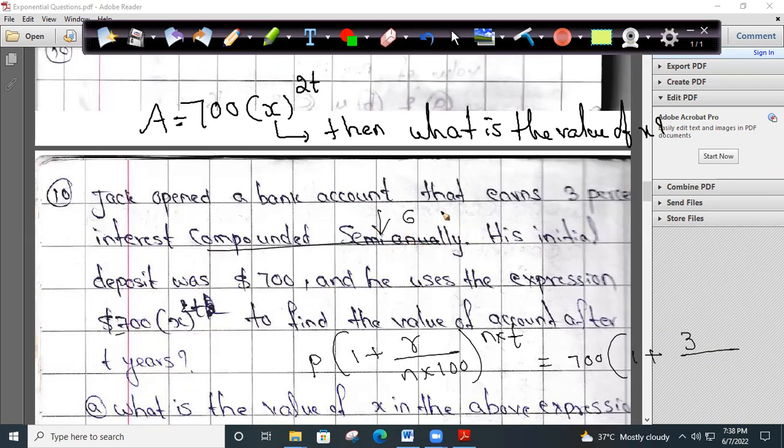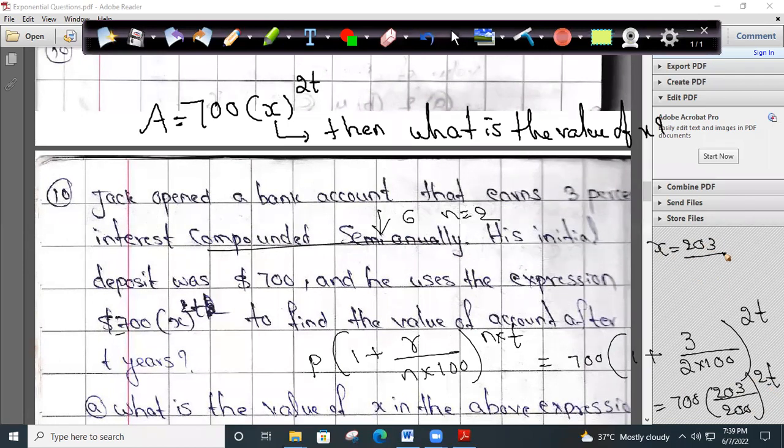Semi-annually means 6 months. So n is 2 because in a year I compound 2 times. 2 into 100, whole power 2t. So 700 into, LCM is 200, so 200 plus 3 is 203. Compare this with 700 into x power 2t. So x is 203 by 200.